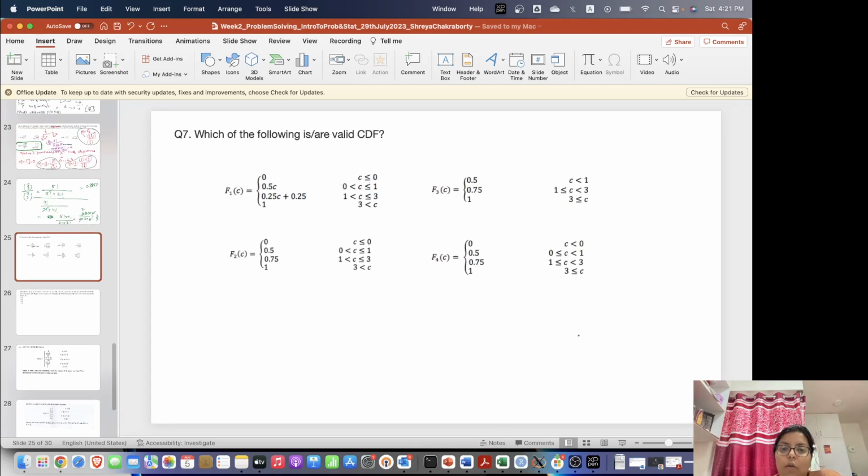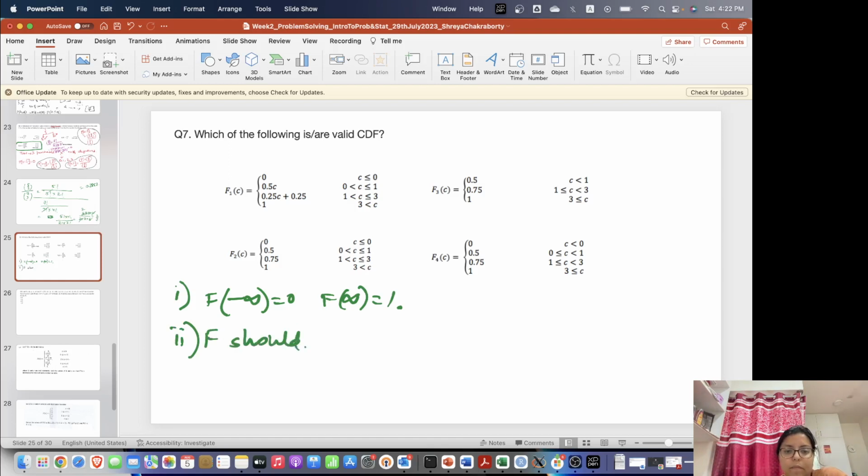So which of the following are valid CDFs? Now what were the 4 properties of CDF? F should be right continuous.